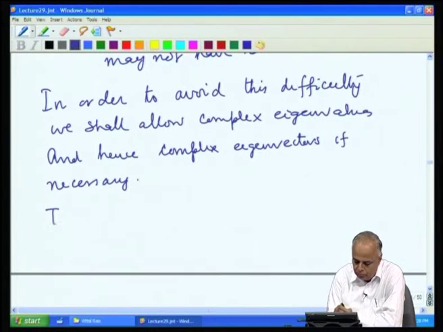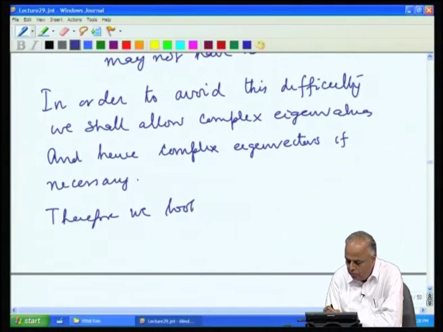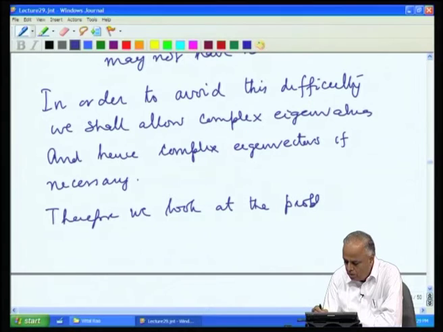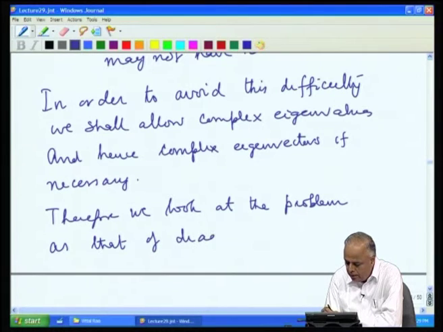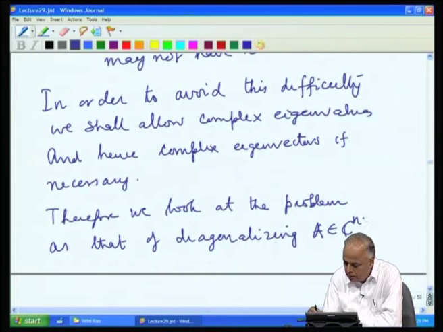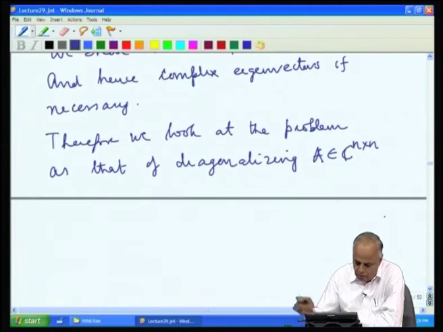Therefore, we look at the problem as that of diagonalizing a complex matrix over the complex numbers.